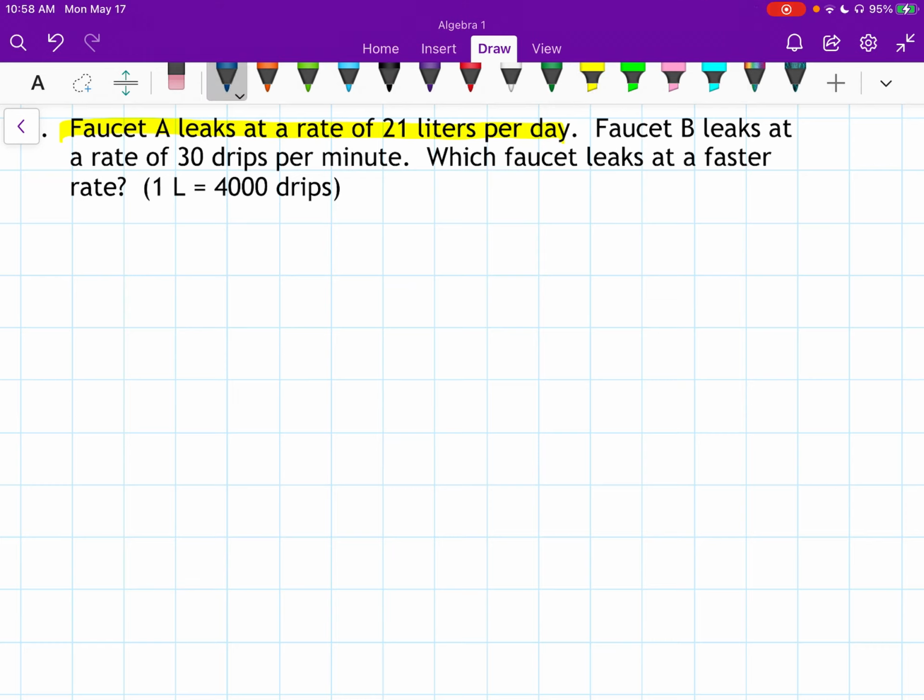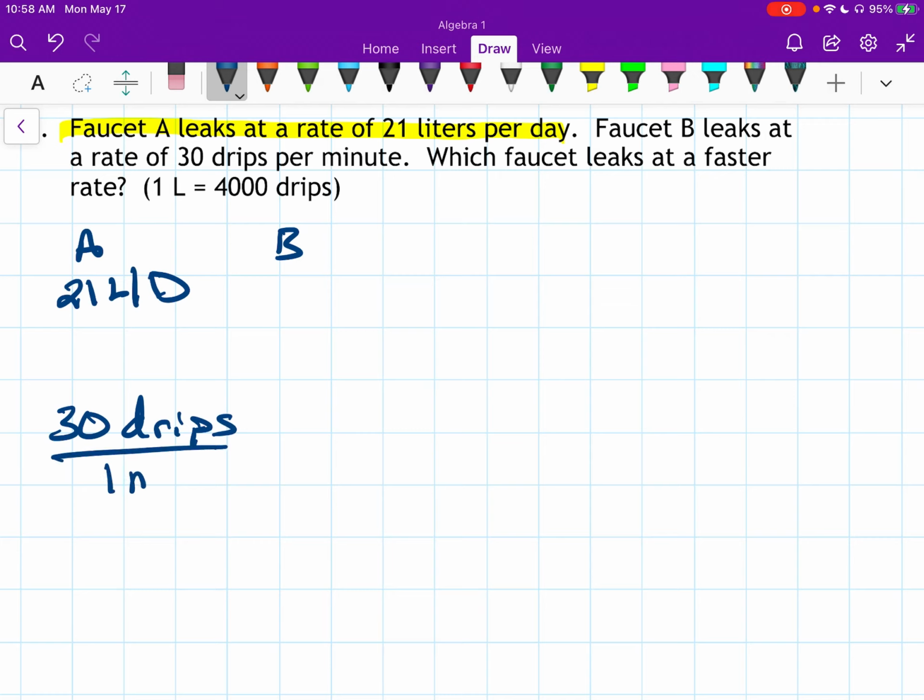So we've got A is 21 liters per day. We're going to convert the faucet B into liters per day. So faucet B drips at 30 drips per 1 minute.